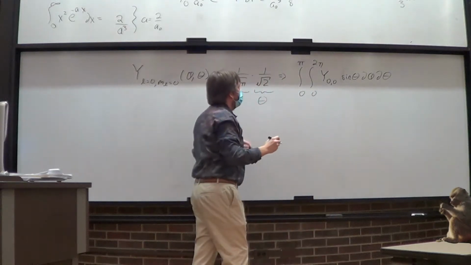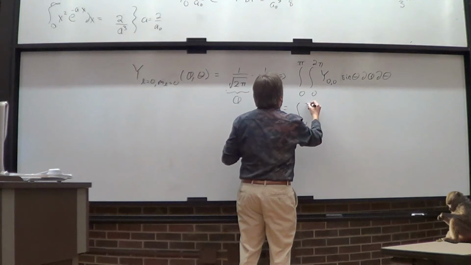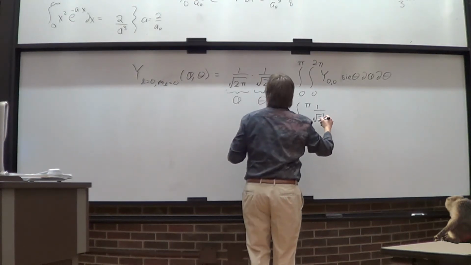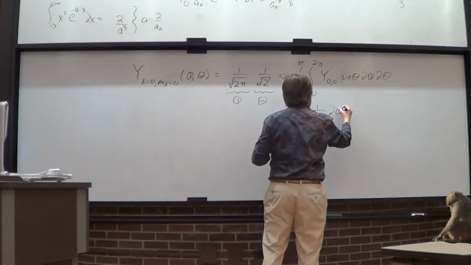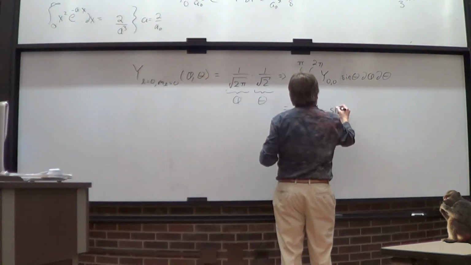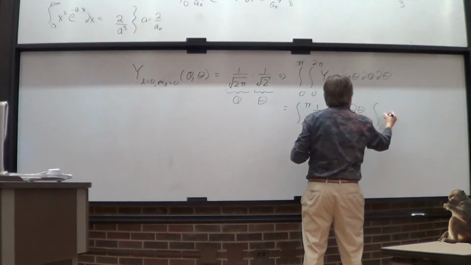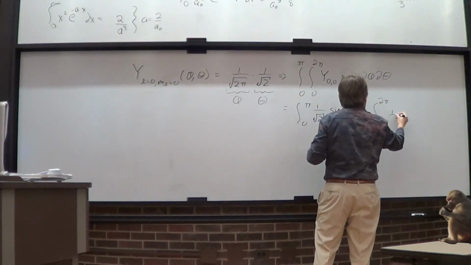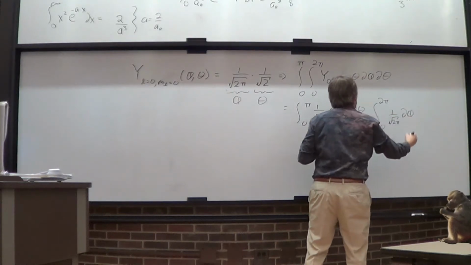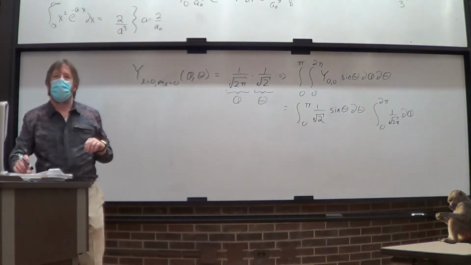Okay, so you got to be able to take this, and now you should realize that this is 0 to pi. And then you've got 0 to 2 pi. Okay. All right, is that okay?